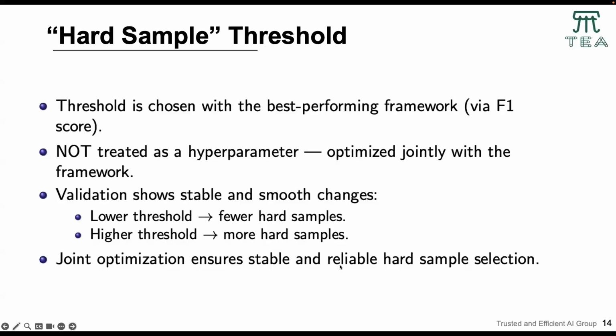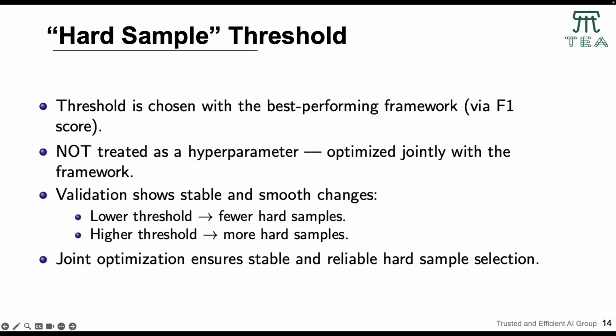In the paper they did not treat it as a hyperparameter. They optimize it jointly with the framework. So you can imagine that there is a list of frameworks and there is also a list of thresholds. So it's a combination of each pair, and they see which one achieves the best performance, F1 score.